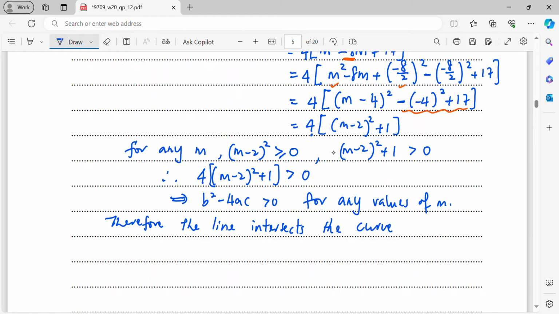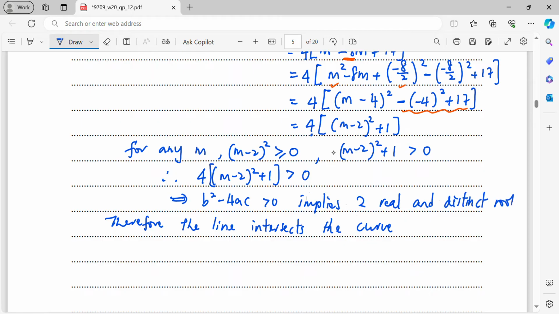I should write here, for all m, this implies two real and distinct roots.